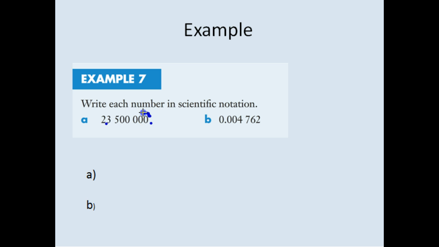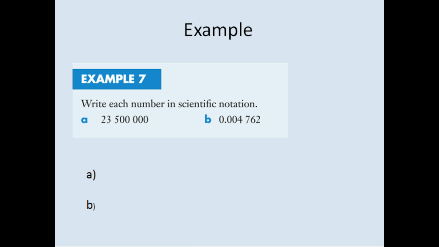So I need to go once, twice, 3 times, 4, 5, 6, 7. So I've had to move my decimal point 7 units, and it's been in this direction, so it's been in a positive direction.